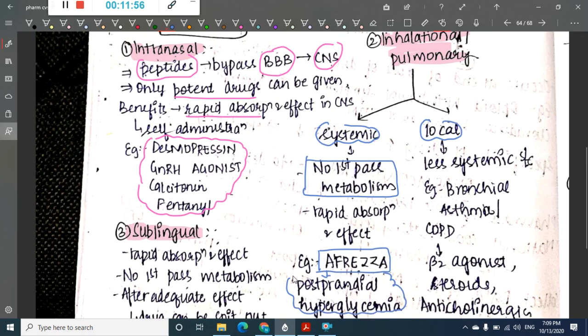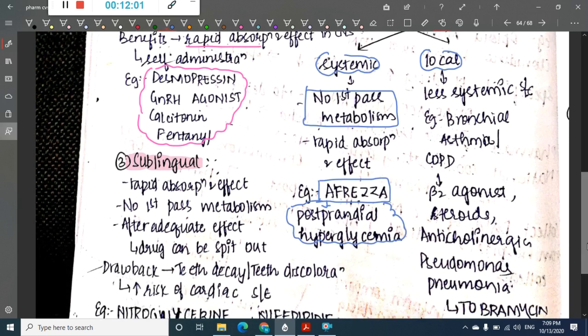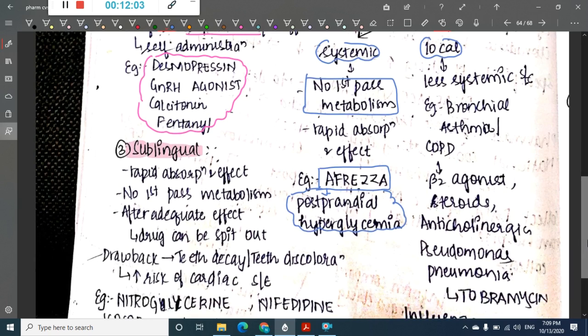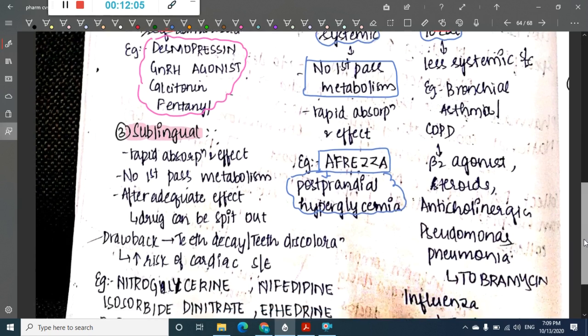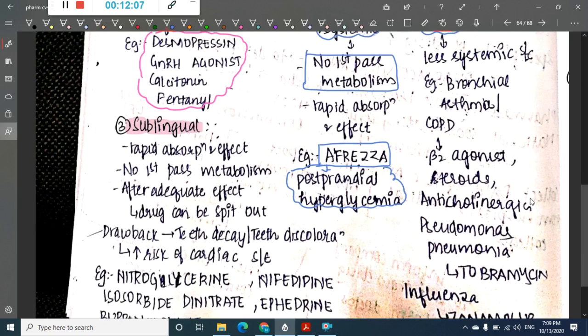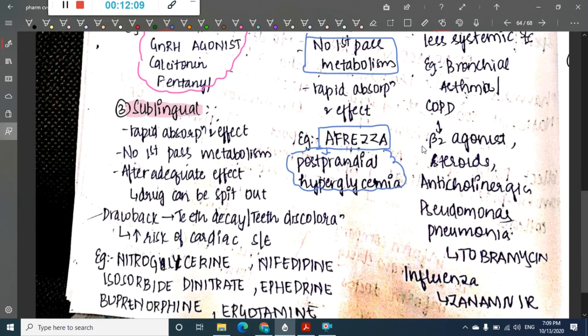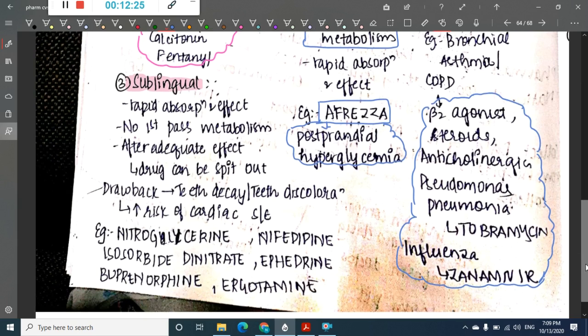Inhalational drugs having local effects are used for bronchial asthma and COPD, where there are fewer systemic side effects. Examples are beta 2 agonists, steroids and anticholinergic drugs. For pseudomonas pneumonia, we can use tobramycin through the inhalational route, and for influenza we can use zanamivir.